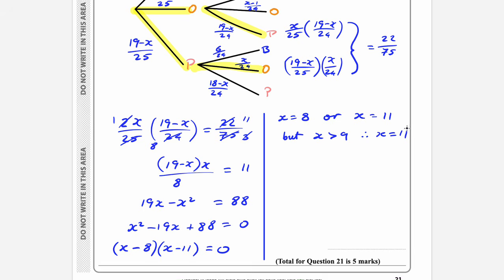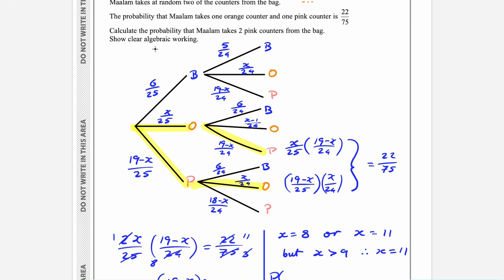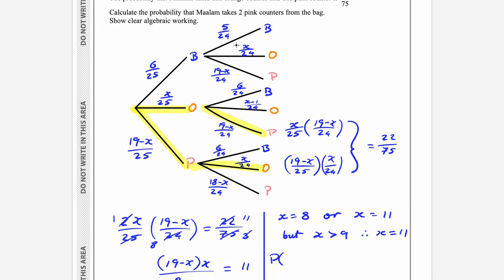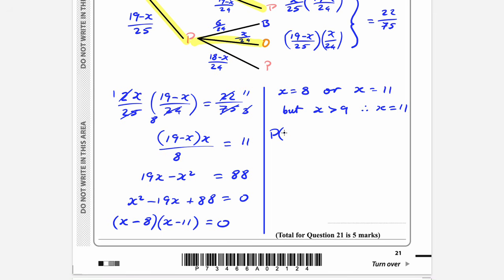Okay, so now I have x equals 11, so the probability of pink and pink is what we're trying to find. The probability she takes 2 pink. So the probability of 2 pink equals, so it's this times this.